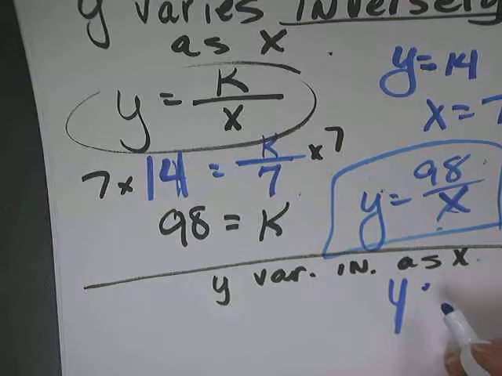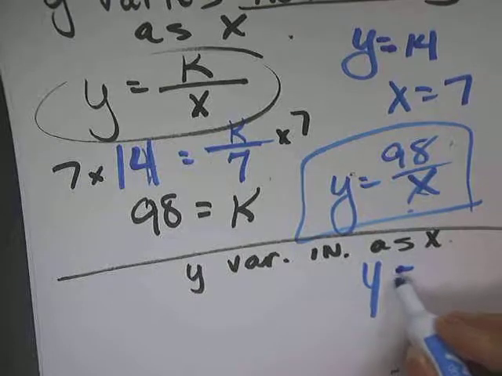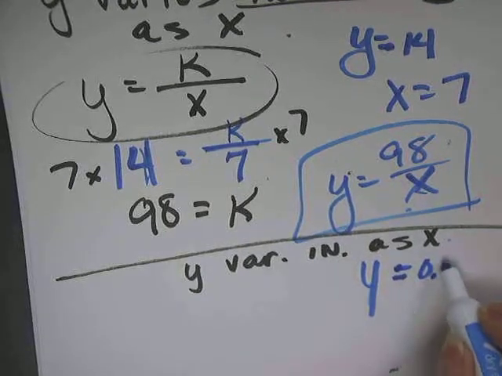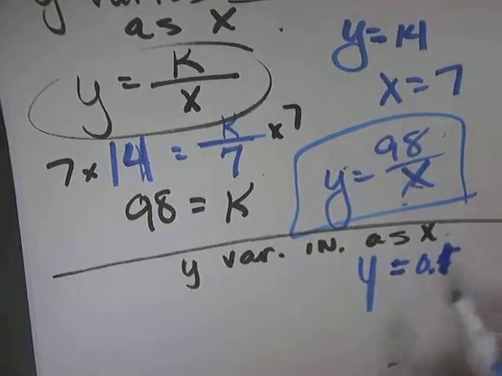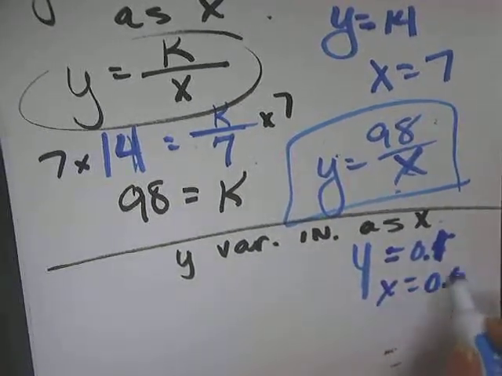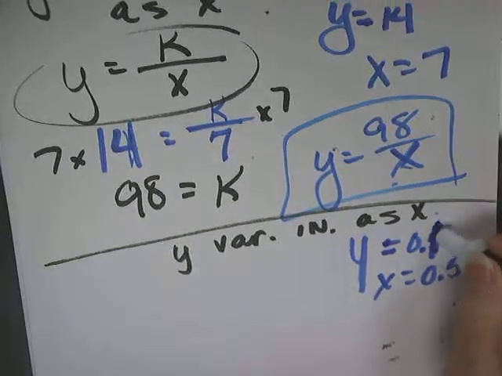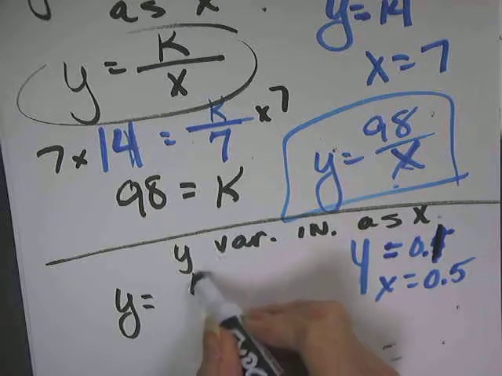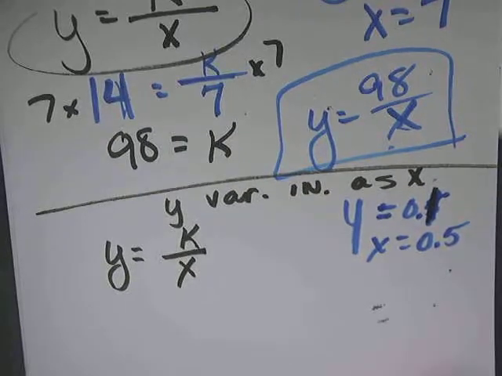Okay? You want to do another simple inverse instead of all the complicated ones? Okay. Still, y varies inversely as x. Let's do when y is, let me pick one here that won't be exact. Let's see. That one's exact.